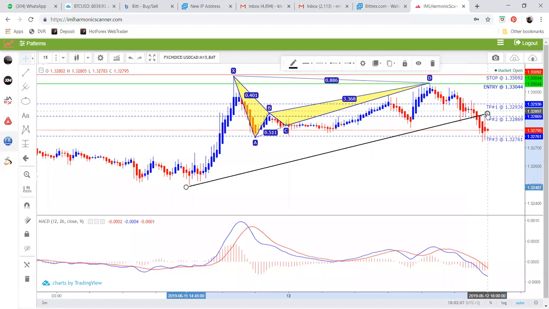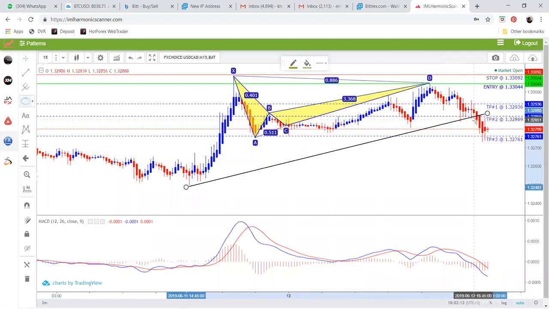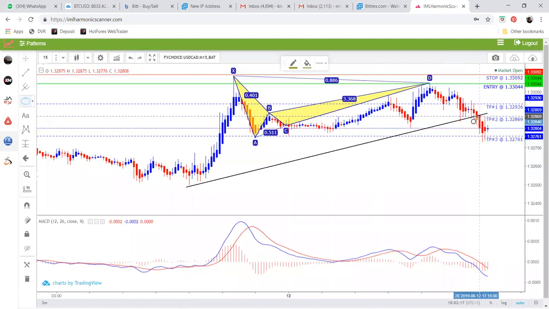All right, perfect. What is confirmation number one? Confirmation number one, we need to see a break in the trend line right here. First confirmation. All right, so we got a break in the trend line right here, close below.